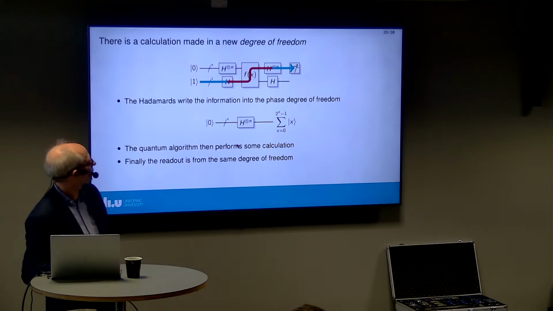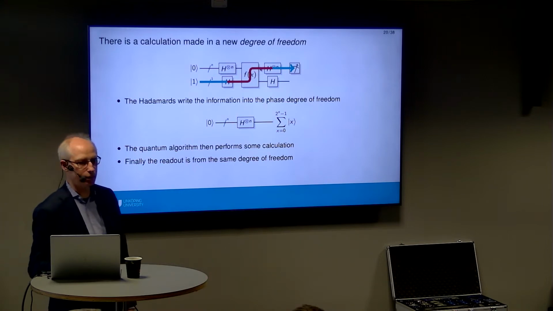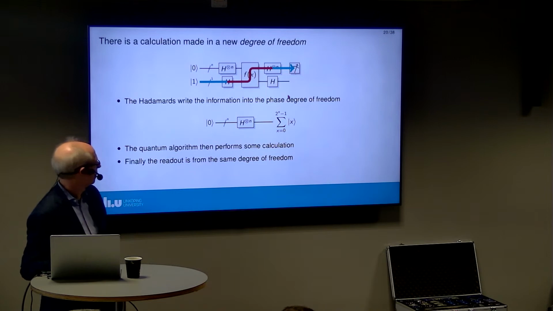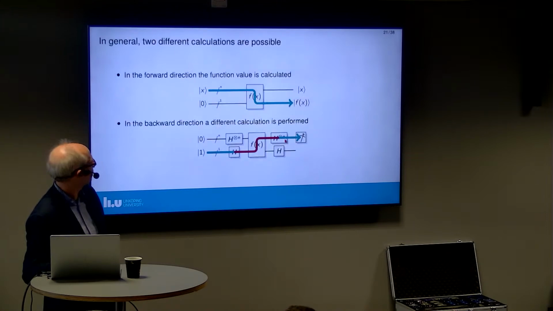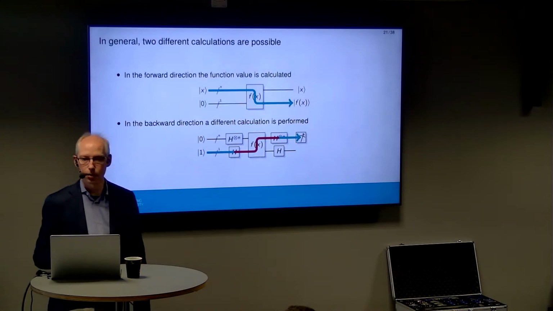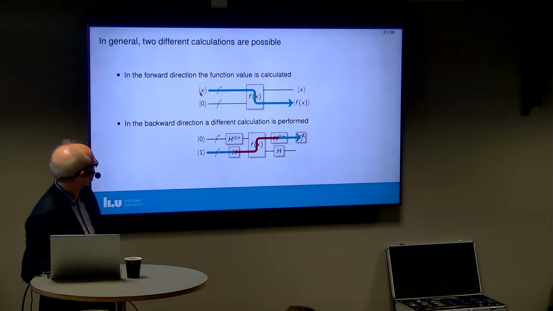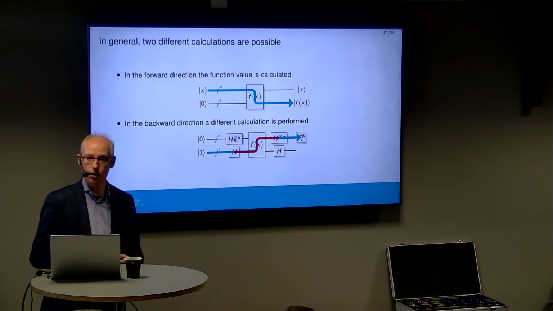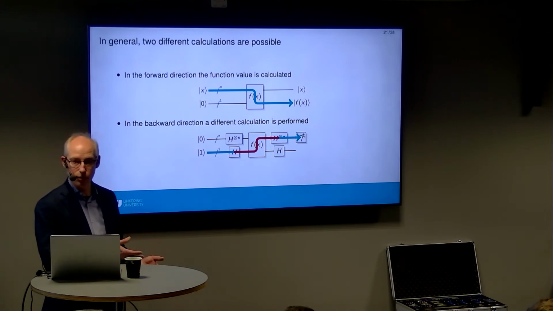The quantum algorithm performs a calculation in F, which somehow puts the information you want in that degree of freedom here, and then you recover that and can read it off in your measurement device, in your detectors. So this is the reason. So let me skip that. In the forward direction, the function value is calculated. If you input x, you get f of x out. In the backward direction, you do a different calculation that really calculates the overall property that you want to reveal.